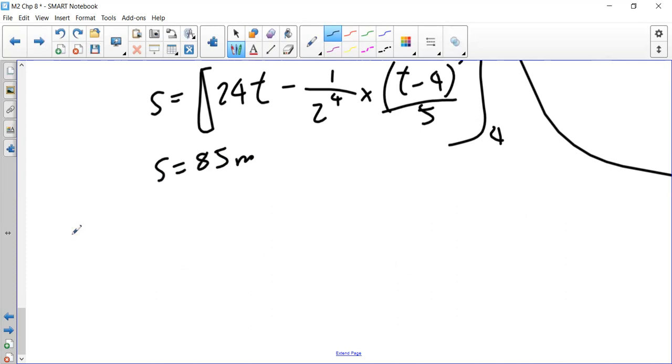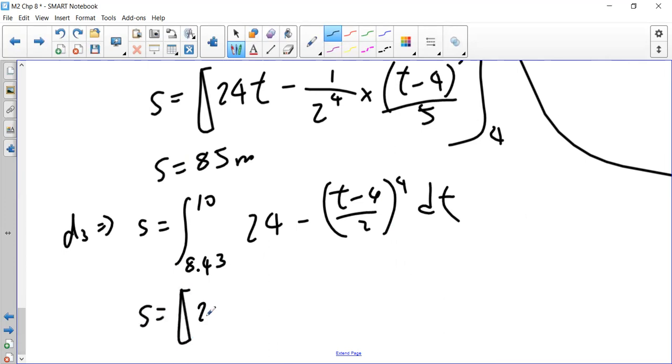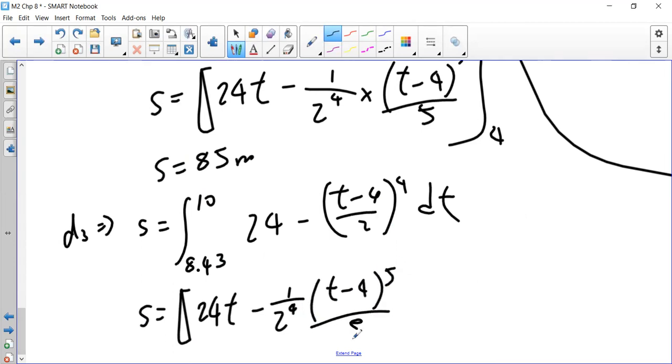Do the same for distance number 3. Distance number 3 is s, this time from 8.43 to 10, of 24 minus ((t minus 4) over 2) to the power 4 dt. We've done the integration already in the previous part, so we can just write s equals 24t minus 1 over 2 to the power 4, times (t minus 4) to the power 5 over 5, from 8.43 to 10.